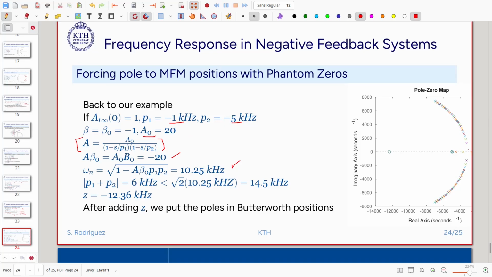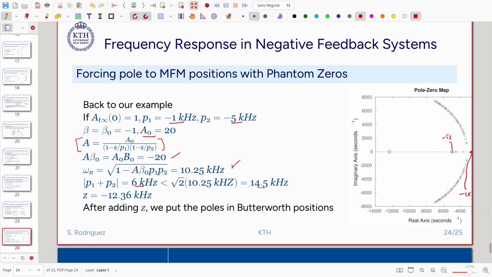So let's see. The original positions: this one starts at -1 kilohertz, and this one starts at -5 kilohertz. Okay, they start in this position, and then I do a very quick check. The sum of both poles is 6 kilohertz. I have to check that it is lower than the square root of 2 multiplied by 10.25 kilohertz, that is 14 kilohertz.